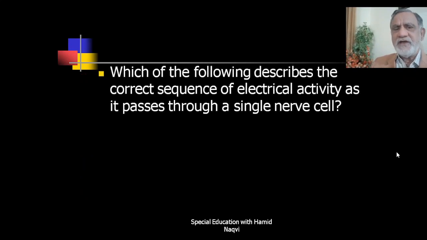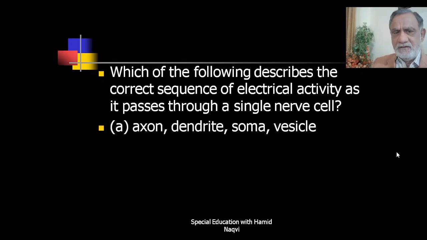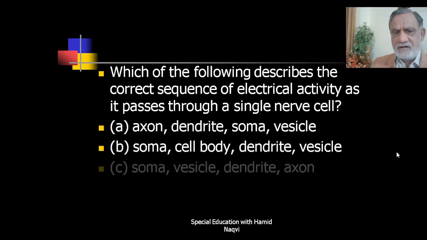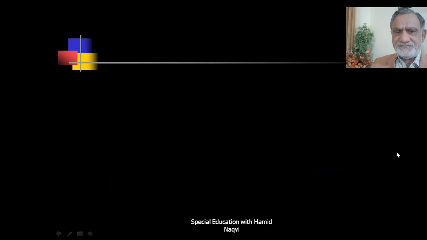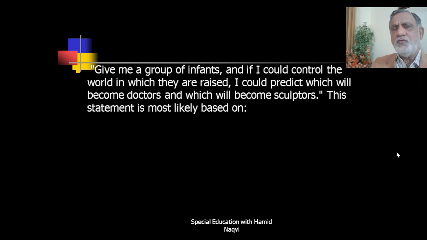Which of the following describes the correct sequence of electrical activity as it passes through a single nerve cell? The correct answer is D. Next is: give me a group of infants, and if I could control the world in which they are raised, I could predict which will become doctors and which will become sculptors.